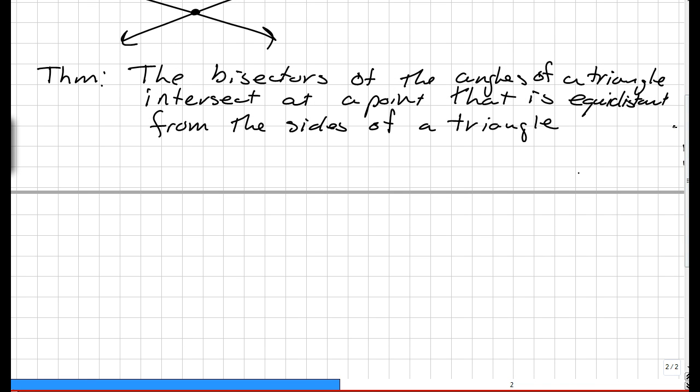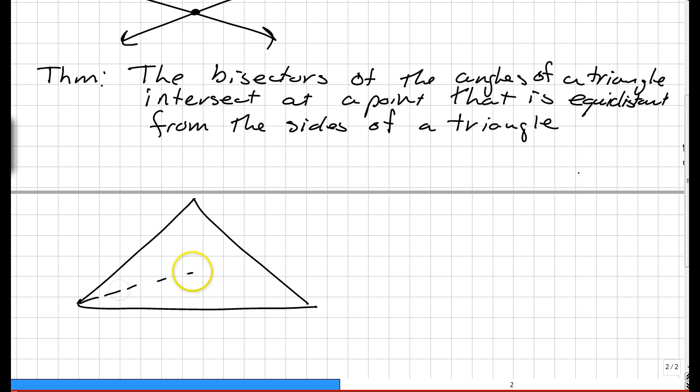Okay. So we've been talking about bisecting angles, and I don't have a compass that I can use on here, but basically if we bisect the angles of a triangle, those angle bisectors are going to intersect at one point.